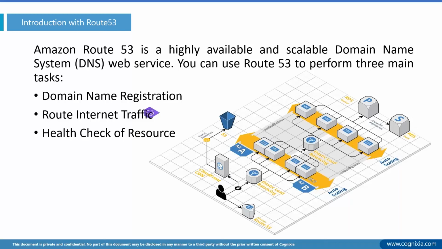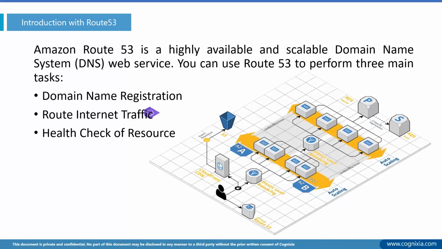By the way, the health check for resources, the last option, checks the health of the resources you have, like the web application servers or web hosting servers. If those are not reachable, it will provide some alternate path to provide high availability, right?